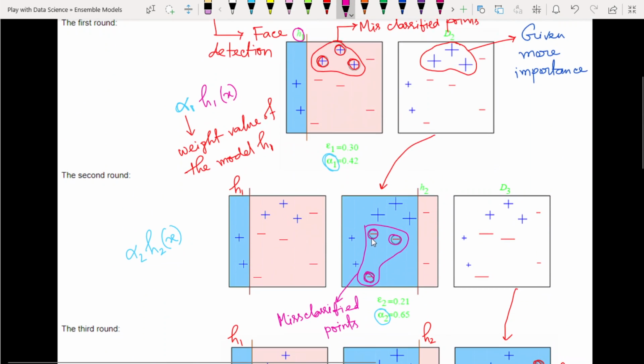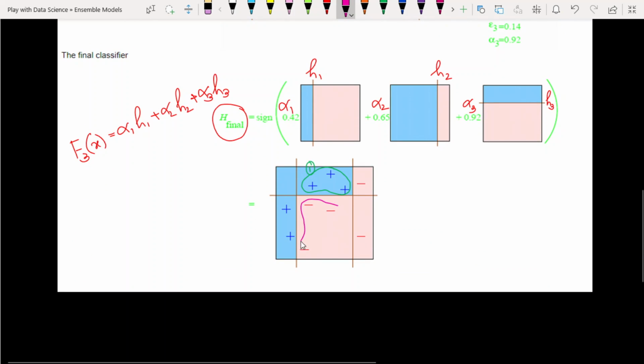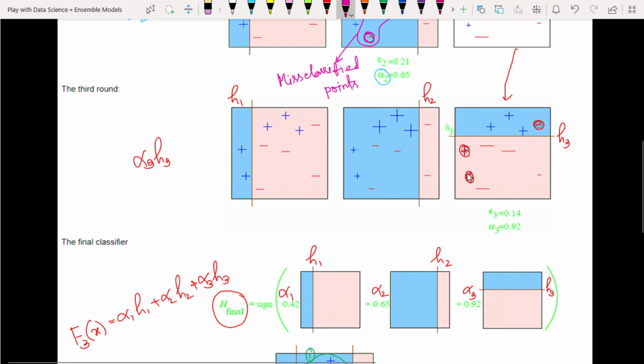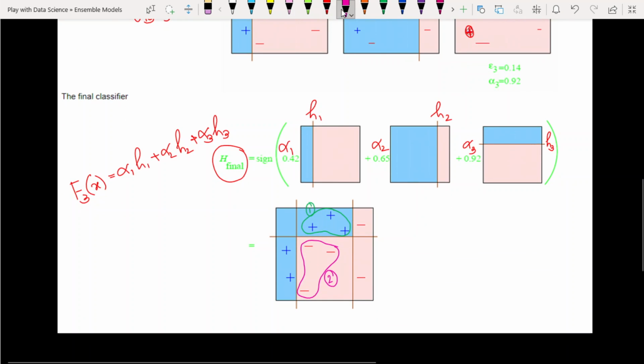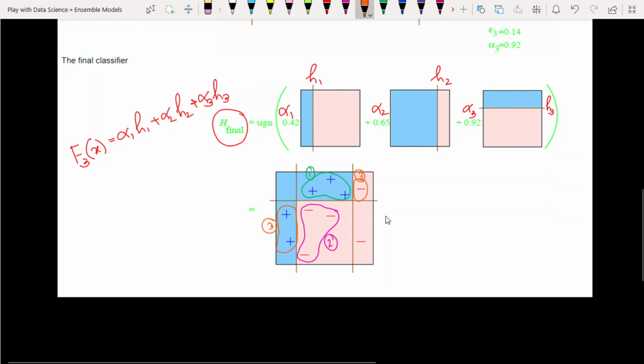In the third stage we give more importance to the remaining points, this one and this one. This is what is misclassified in stage 3. So at the end of the day all our points are correctly classified.